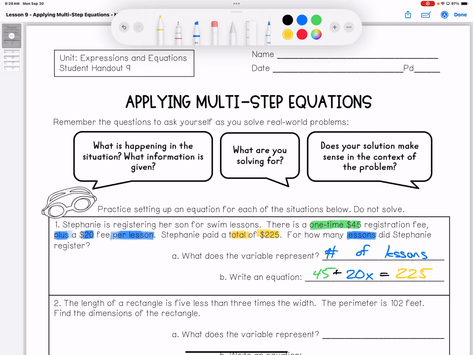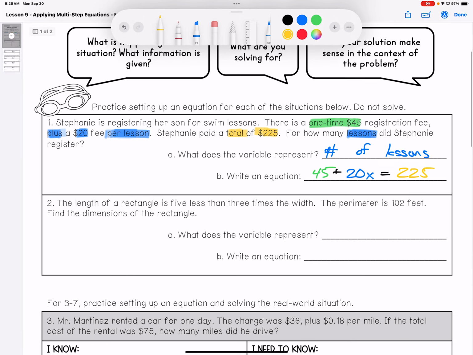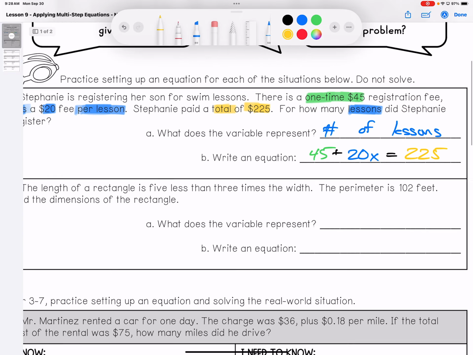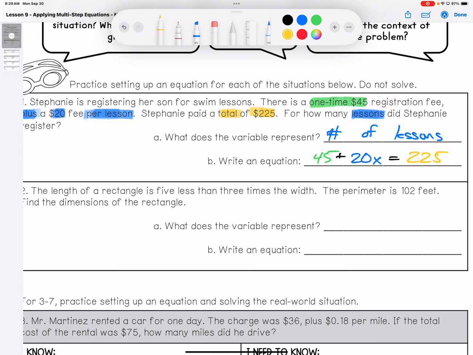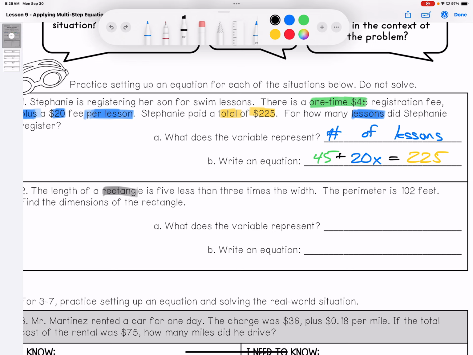All right. Moving on. Number 2. The length of a rectangle is 5 less than 3 times, so this is stuff we'll need. First of all, we're talking about a rectangle. So let's highlight the rectangle there because we may need that in a second. That's probably vital information.